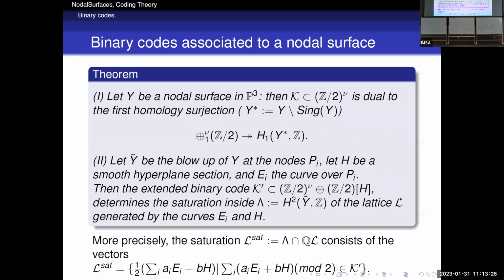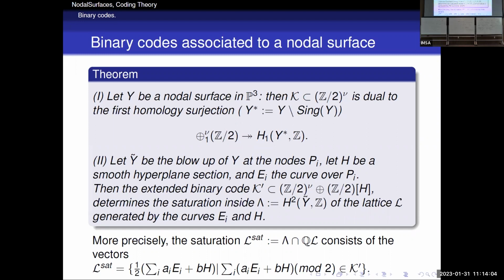If you blow up Y at the nodes and take a hyperplane section, then you have this extended binary code, which I already wrote, and this determines the saturation inside the homology of the resolution of the lattice generated by the (-2)-curves and H. This is precisely the saturation: it's generated by the lattice, and then you take 1/2 of the combinations of a_i E_i plus bH, where modulo 2 this is in the code.